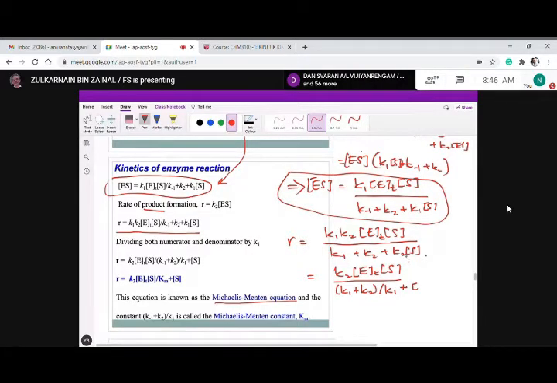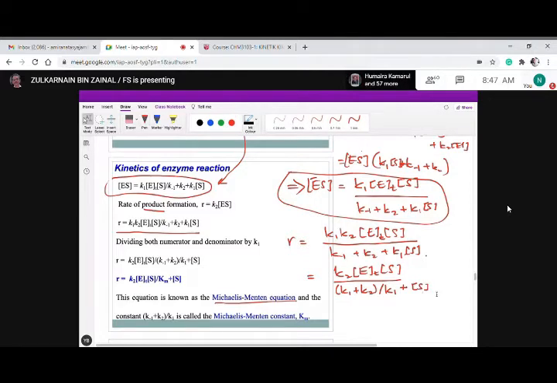This is K1, not K2. This is K1. Mistake there.